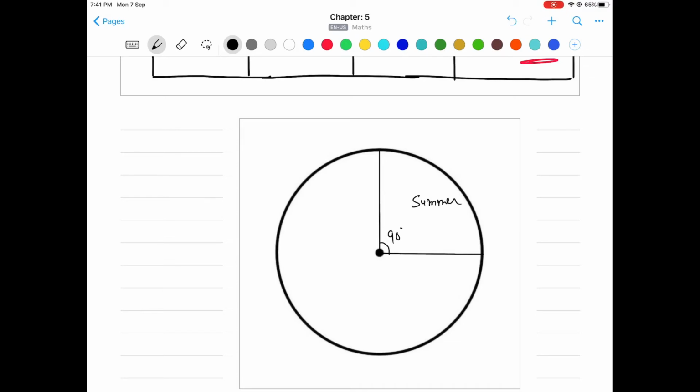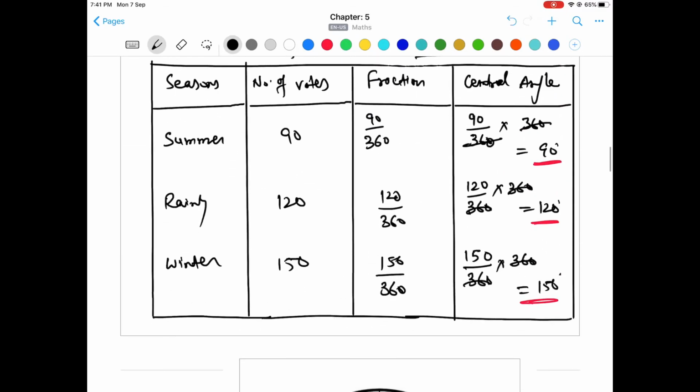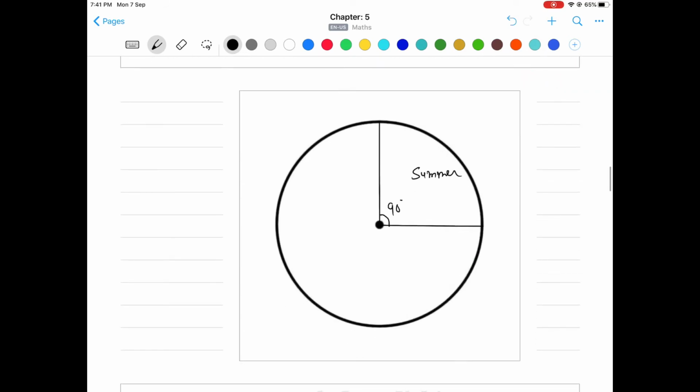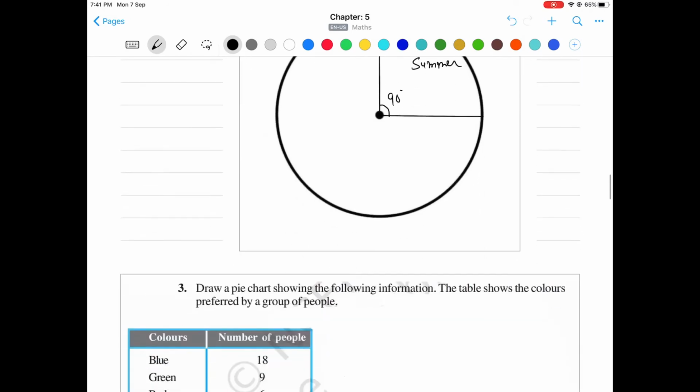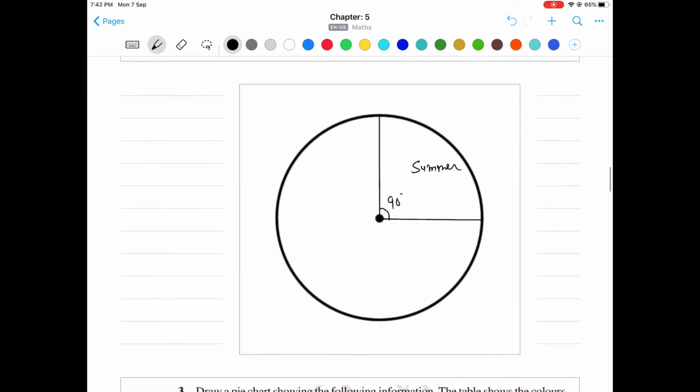Next one is rainy season. Rainy season angle is 120 degrees, that will be here. This represents the 120-degree angle, and this is for rainy season. And the remaining will be 150 degrees, which will represent winter.